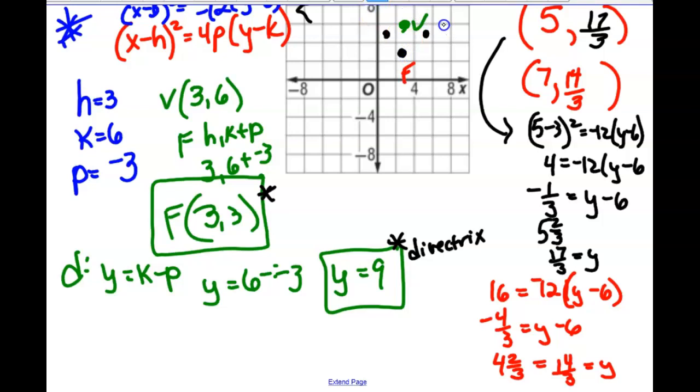So if we go out 7, we are up at 4 2/3, 2, 4, and a little more. It's really flat. Is anybody else getting that idea?